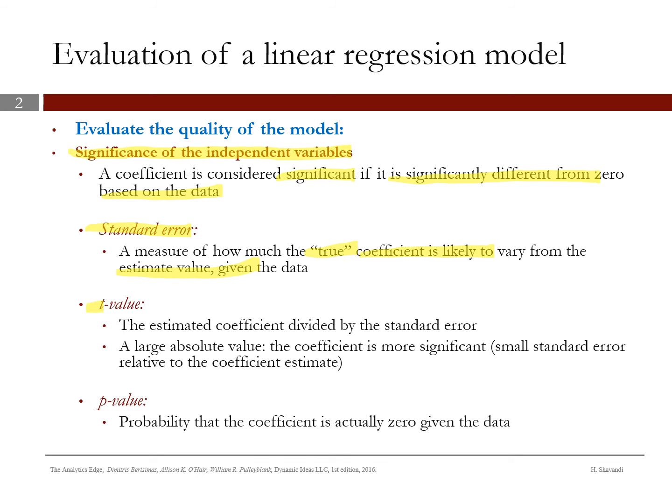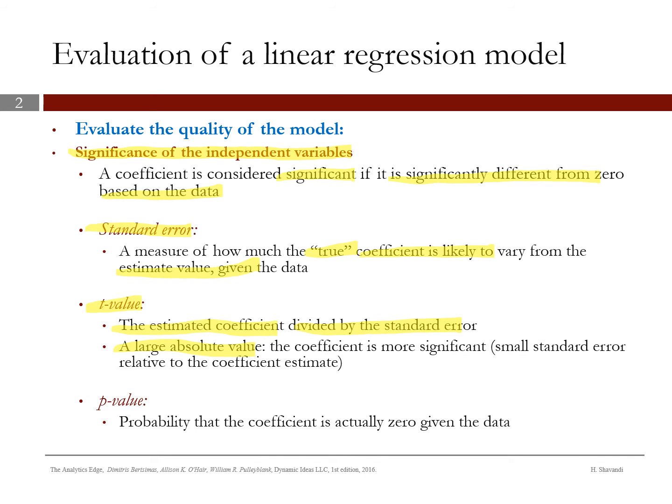The t value is the estimated coefficient divided by the standard error. So we divide the value of the coefficient by its standard error. Here, a large absolute value would be better, because the t value could be negative or positive depending on the sign of the coefficient.